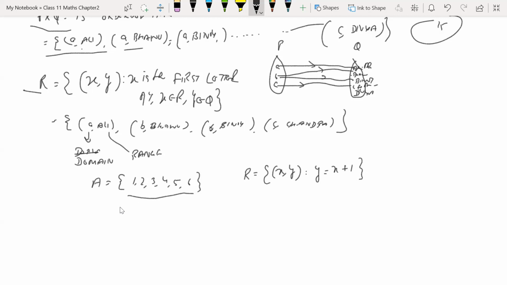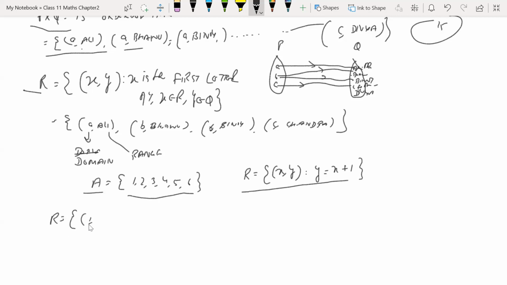How do we depict this relation using an arrow diagram? Write down the domain, codomain, and range of this. First of all, the definition of the relation. A is given, relation from A to A, then R would be like this.